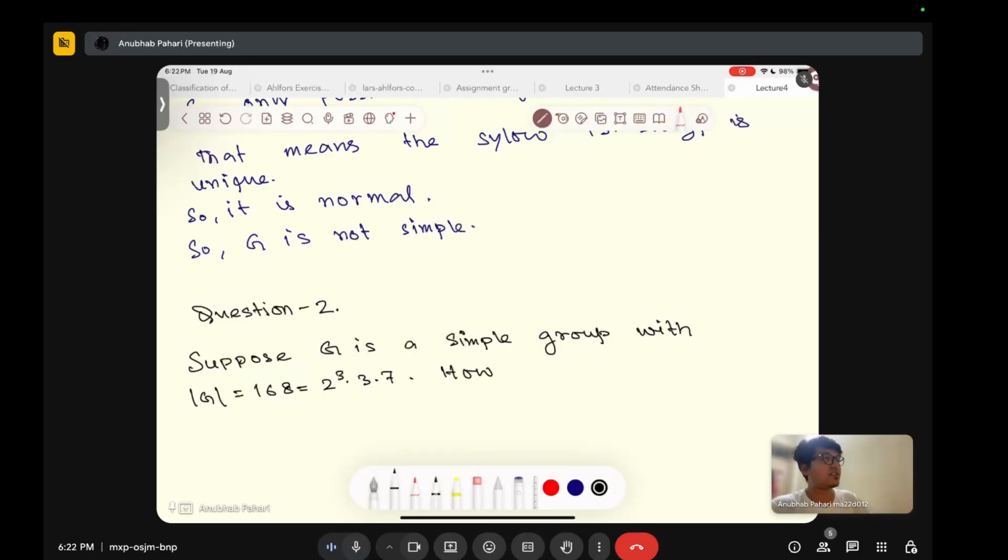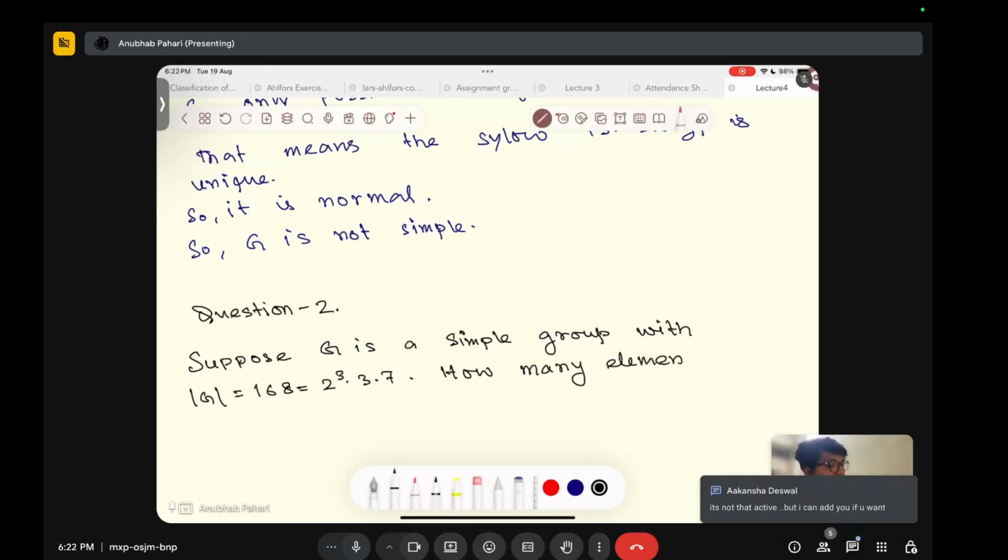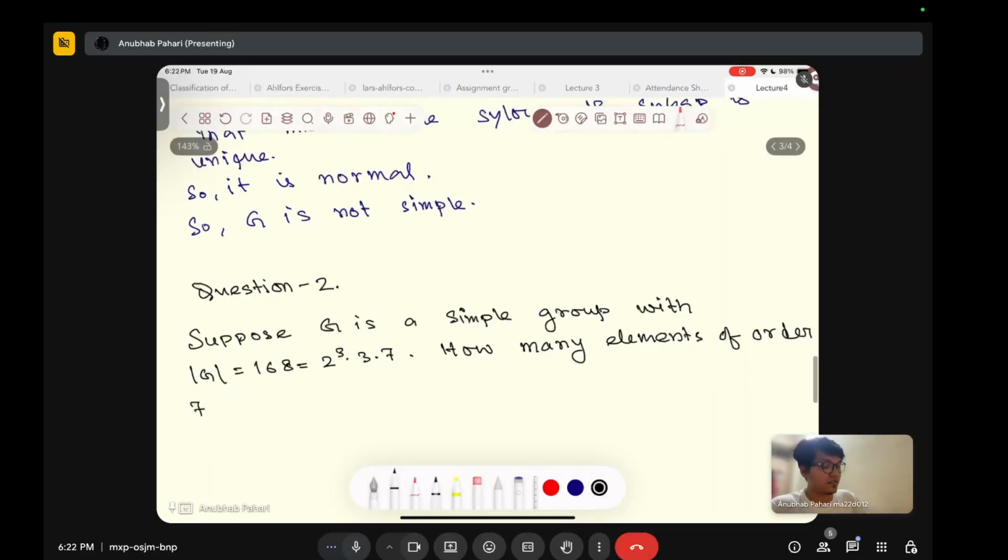The question is how many elements of order 7 does G contain.